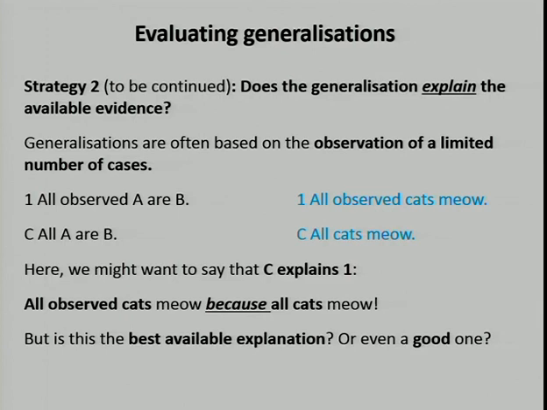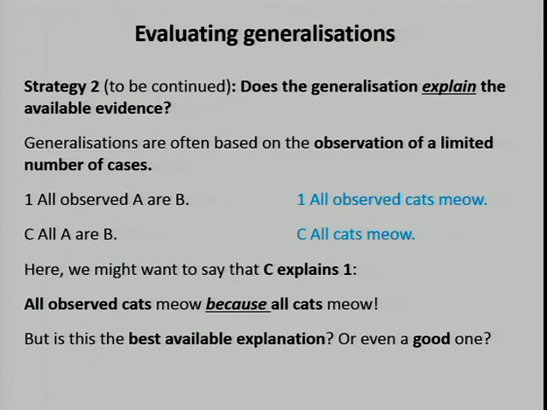We now turn it around by saying, well, if the generalization were true, if it were the case that all A are B, if it were the case that all cats actually meow, that would be a wonderful explanation of why all of the ones that we have seen have done this, right?